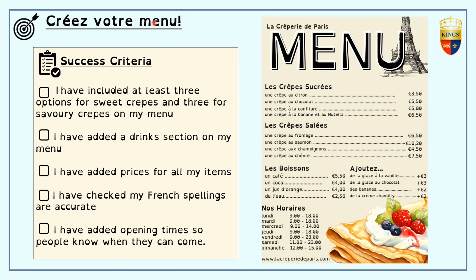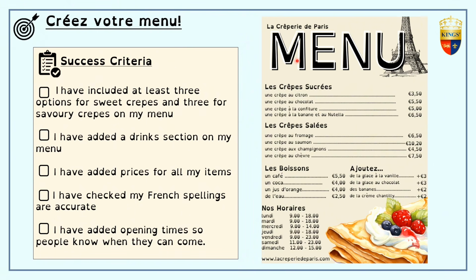okay? So I am going to let you be as creative with this as you would like. You obviously first need to choose the name of your creperie. So I did mine as La Crêperie de Paris, which is the creperie of Paris, but you might want to do it of Dubai or something else. You might want to call it your family name. You can really make it however you would like in terms of the design and things.